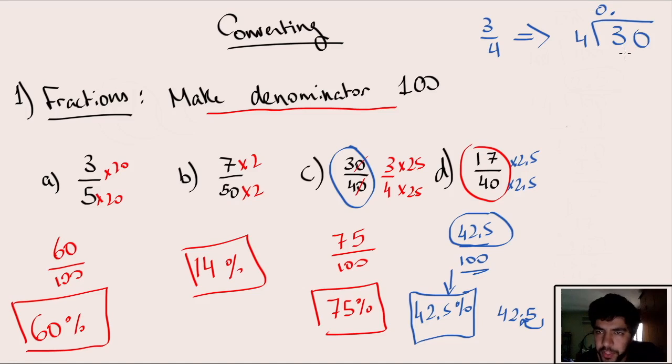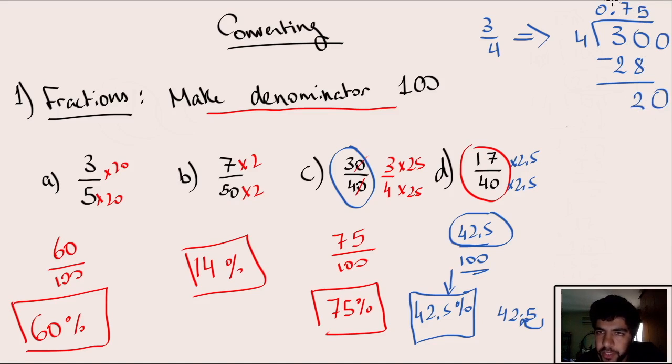4 fits into 30. How many times? Let's see, 7. So 4 times 7 is 28. So we subtract, 30 minus 28 is 2. We can add another 0 here since we're after the decimal point, and we can put it down here. 4 fits into 20 five times.